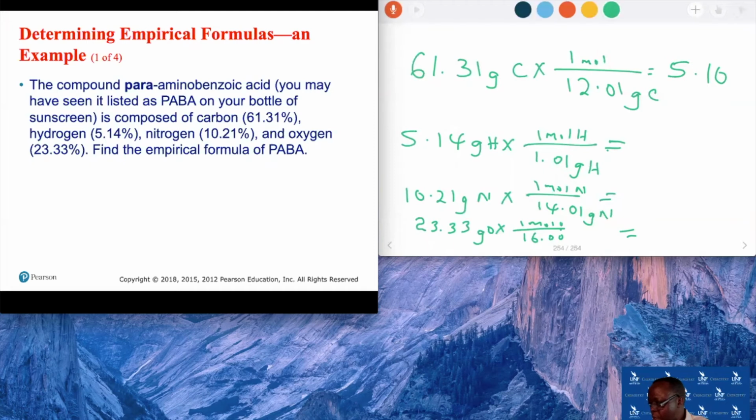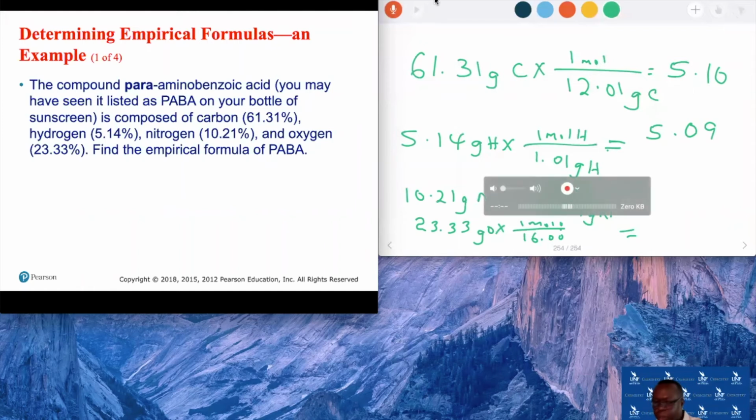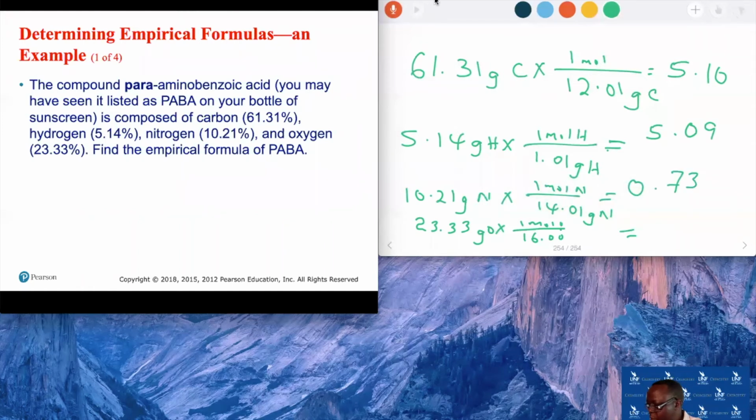And 5.14 divided by 1.01 gives 5.09 to two significant figures. And then 10.21 divided by 14 gives 0.73.